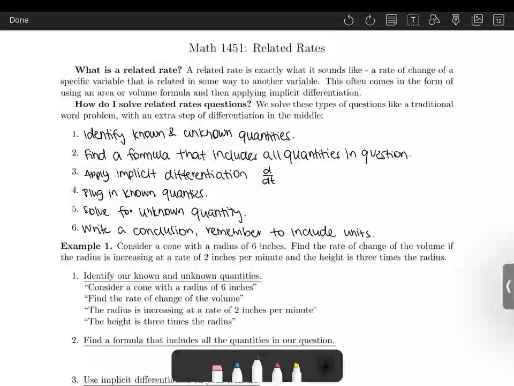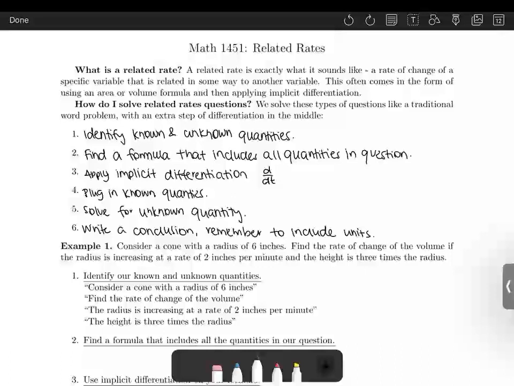For example, if we are draining a rectangular swimming pool and we figure out that the height is changing at a rate of 2 inches per minute, well, that may not make that much sense, right? If we're draining a pool, the height of the water in the pool should be decreasing. So think about whether our answer should be increasing or decreasing, because these answers can be positive or negative.